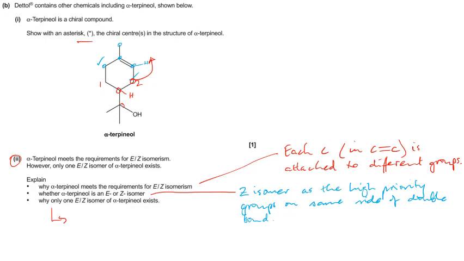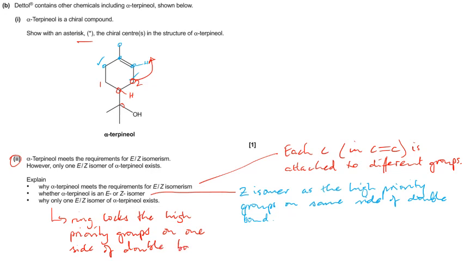Or probably better to say the ring locks the high priority groups on one side of the double bond. Like that.